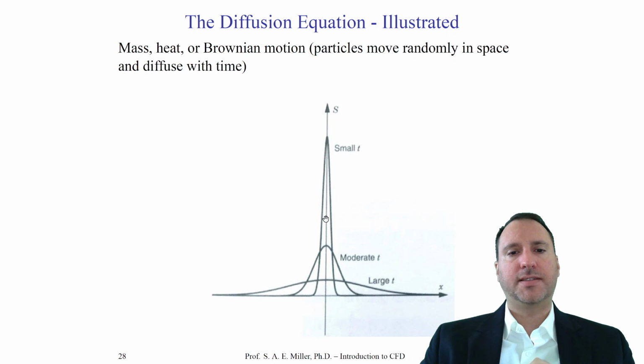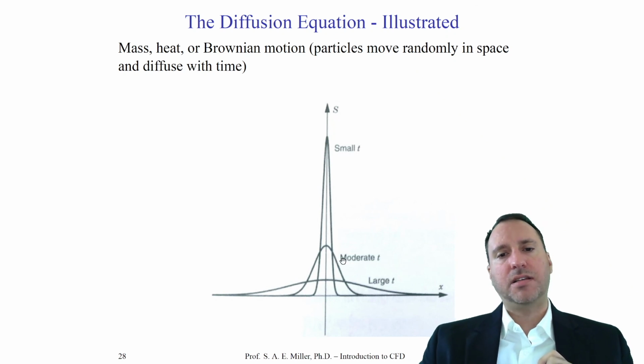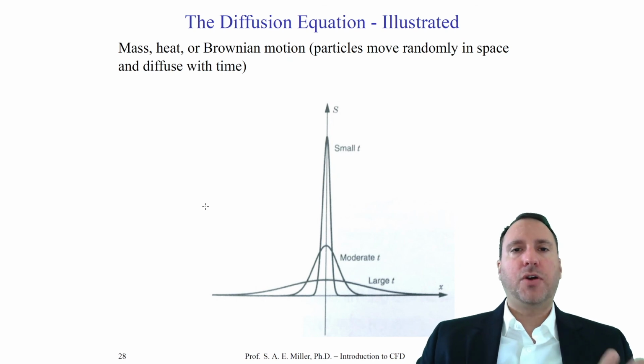So this original Gaussian function might become smaller at some moderate time, and at a large time it becomes smaller and smaller. You will notice, and this is what we call the maximum principle, that at no time will you have more dye in a location than you had previously. So if I had 1,000 units of dye, for example, or material at a position, I can never have more than 1,000 at a later time, according to the diffusion principle.